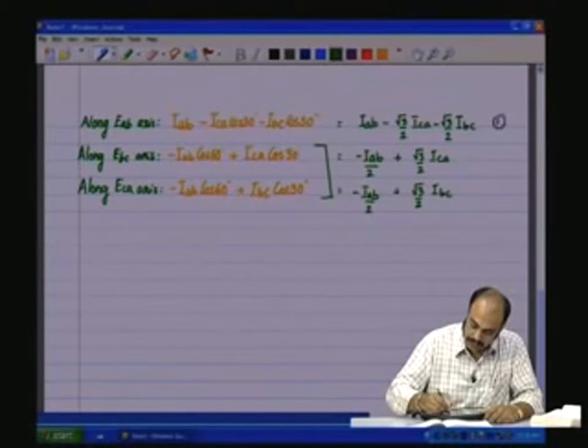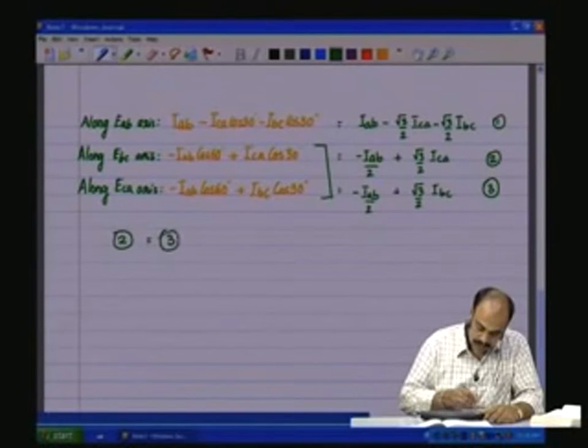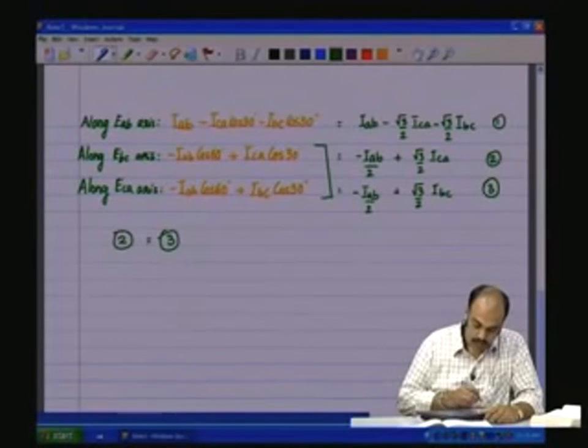So, you have equations 1, 2 and 3. Let us first equate 2 and 3.